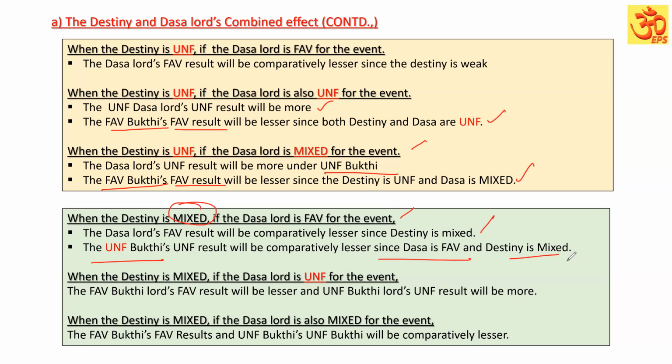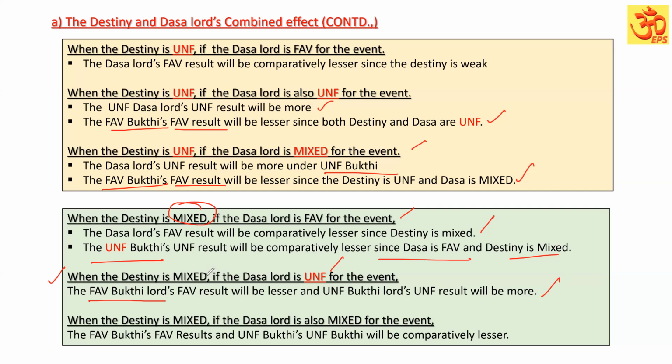destiny is mixed. When destiny is mixed and Dasa Lord is unfavorable for the event, the favorable Buddhi Lord's favorable result will be lesser and the unfavorable Buddhi Lord's unfavorable result will be more. Why? The Dasa is unfavorable and the destiny is saying I'm having both significations.